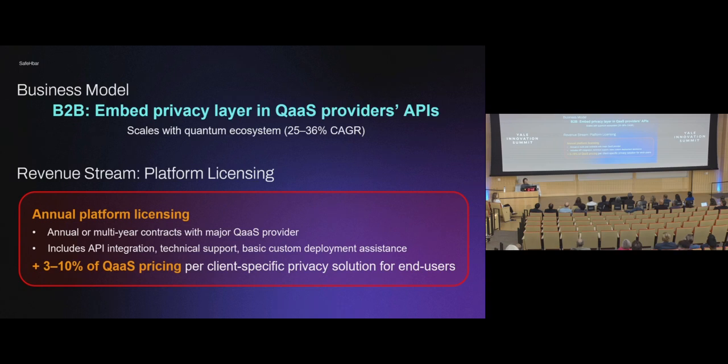Second, we will also offer specialized client-specific privacy solutions tailored to end users' needs. We will offer that as part of the quantum as a service provider's service offering and capture value through a royalty on the service contract.